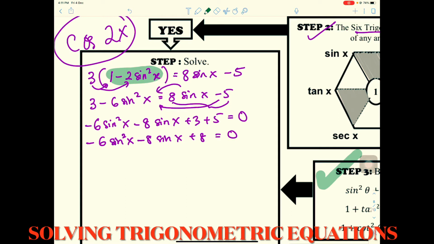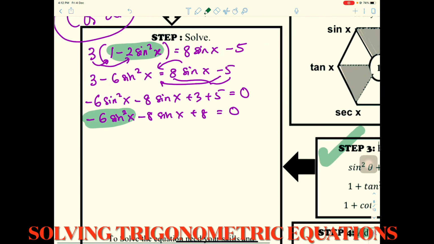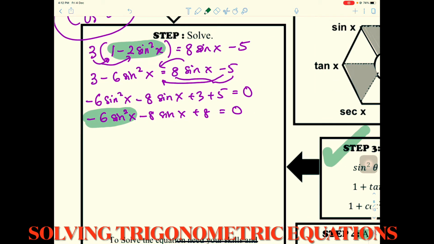As you can see here, the quadratic has a negative leading term, so it is hard to factorize. What do we do? Because all the terms can be divided by negative 2, divide by negative 2.